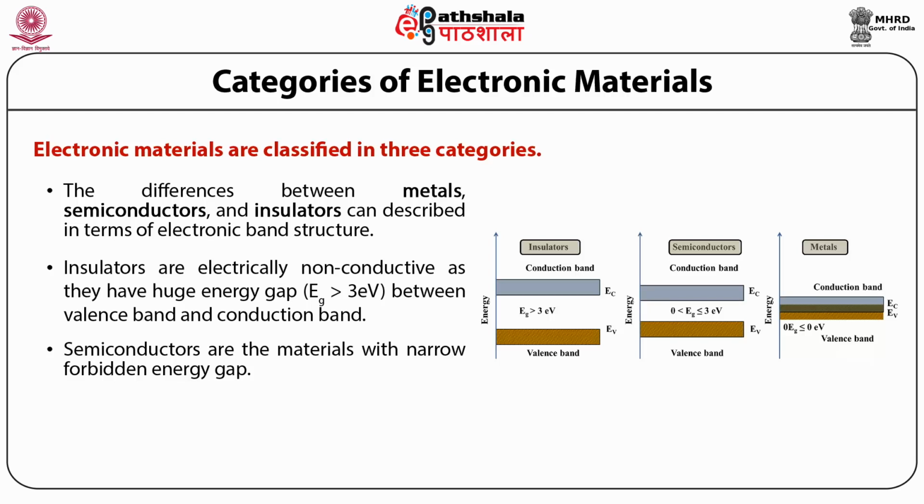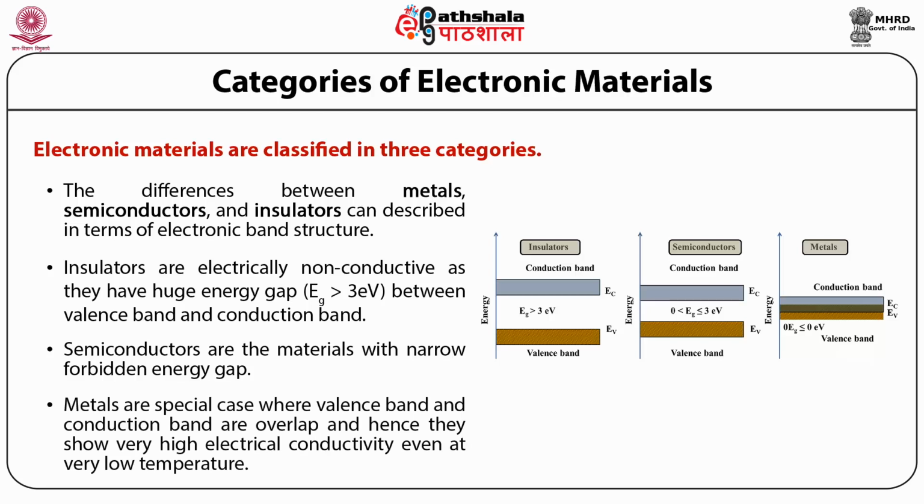These electrons in the conduction band, with huge unoccupied energy states in the vicinity, can contribute to the flow of electrical current. Metals are the special case where the valence band and conduction band overlap, and hence they show very high electrical conductivity even at very low temperature.